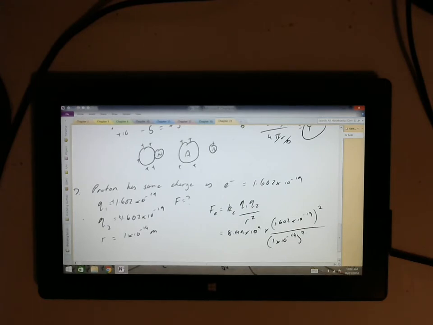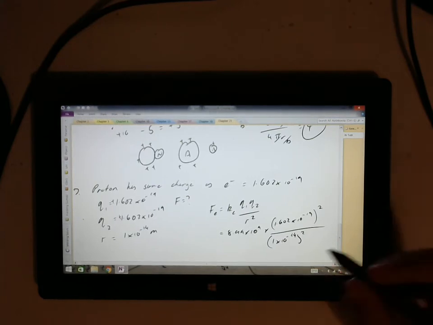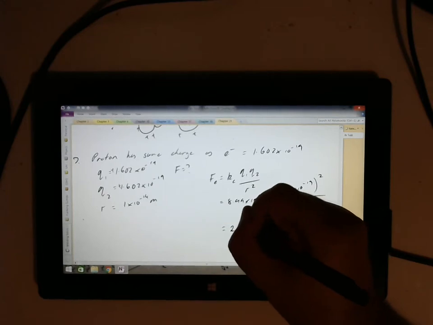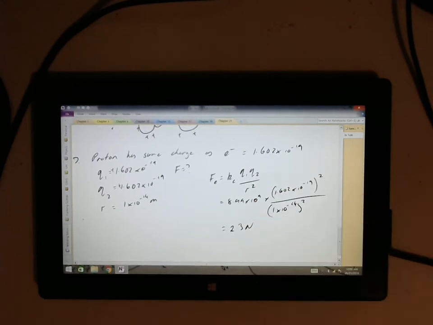And then I want to take the whole thing and multiply it by 8.99 times 10 to the power of 9. Yep, let's put that in correctly. And we get that is equal to 2.3 newtons of force. Let me double check our answers there. Question 7, 2.3 newtons repulsive. Okay.